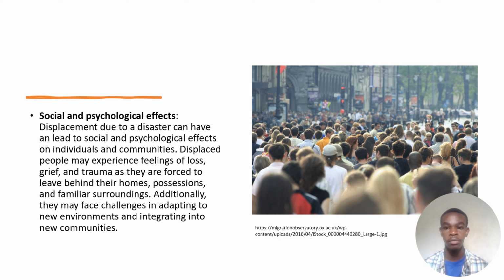If people face a disaster, they are asked to go away from their homes in order to survive. That can cause the trauma of being forced to leave their homes behind and adapting to the new environment. They face the challenge of adapting to a new environment and integrating into the new community.